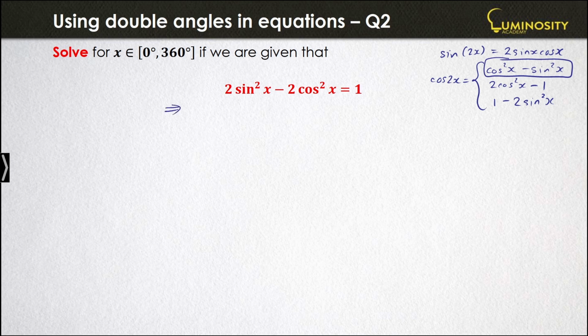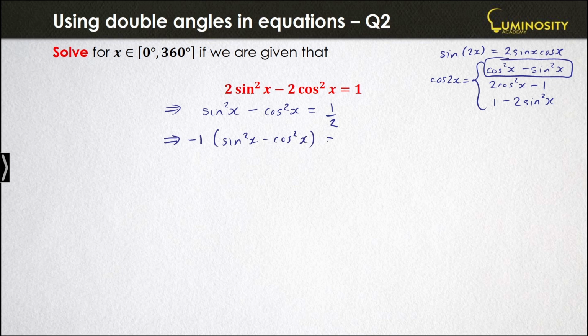So I'm going to first divide everything by 2. So I get sine squared x minus cos squared x, and 1 divided by 2 is a half. Now we're not quite there yet, because look here, this is cos squared x minus sine squared x. We have sine squared x minus cos squared x. So if I multiply both sides by -1, what's going to happen?